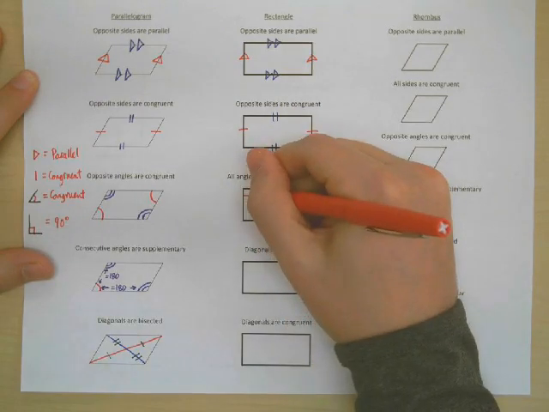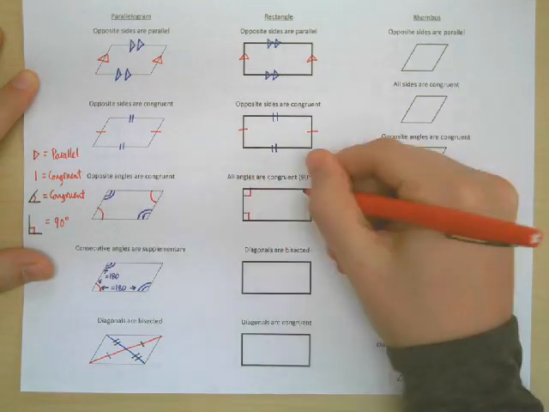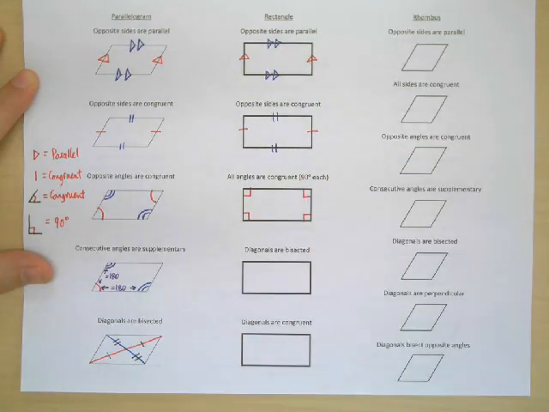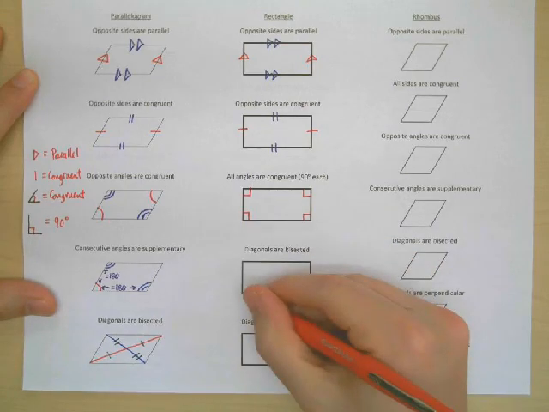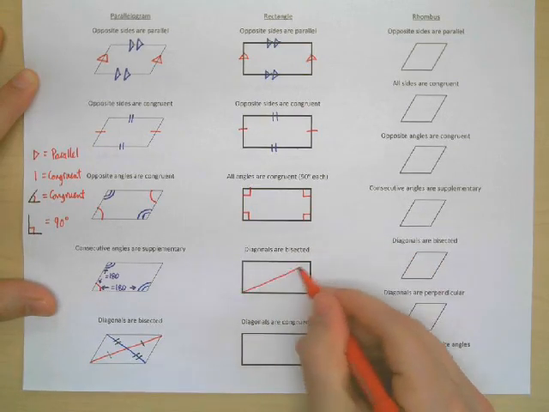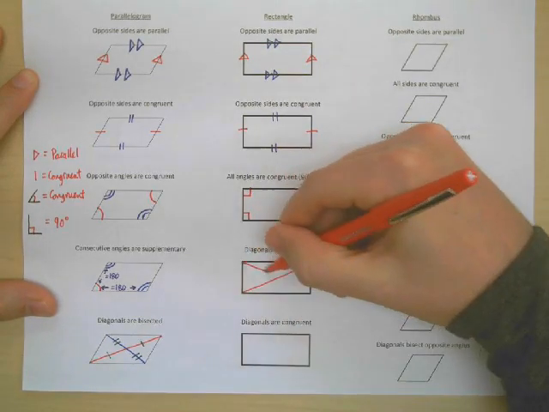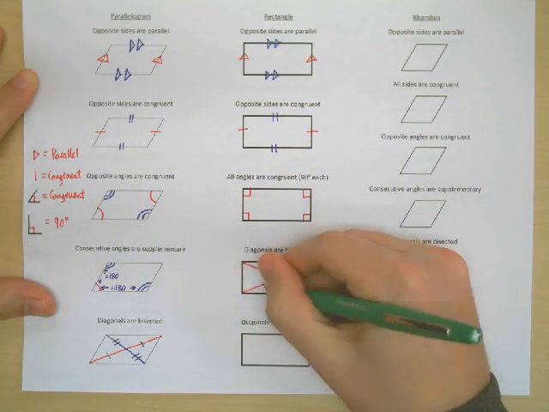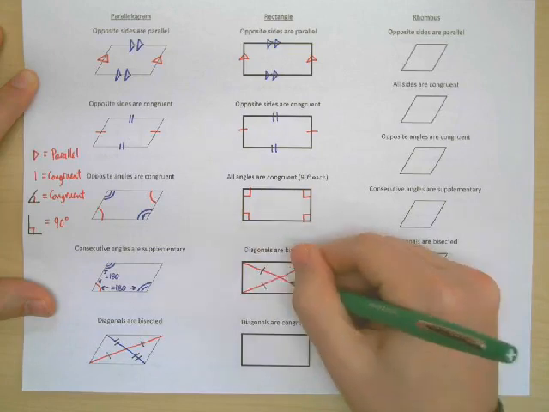So going to use the boxes to indicate 90 degrees right angles. The diagonals are bisected. This time I'm going to do the diagonals in the same color. You'll find out why in a minute. But they're bisected, so going to put the tick marks on there.